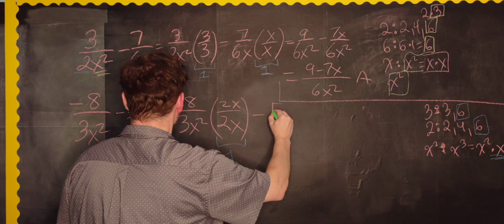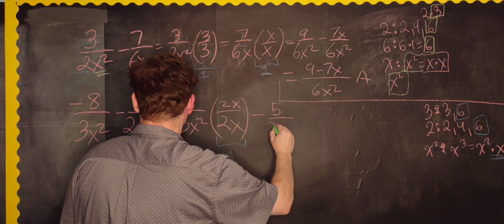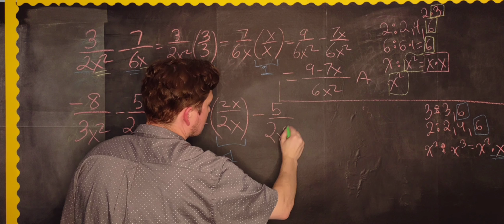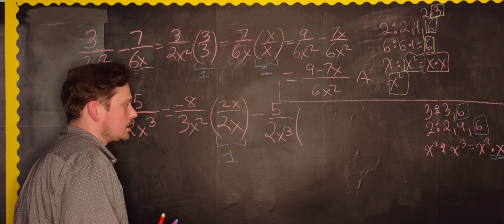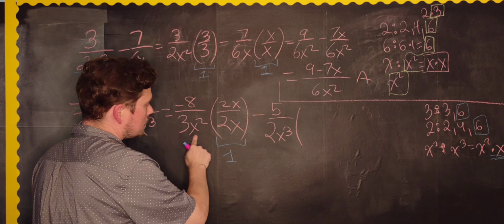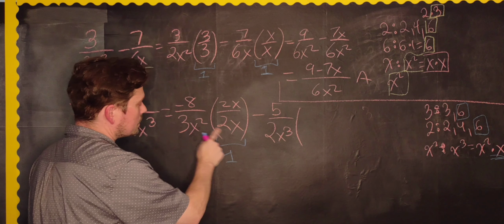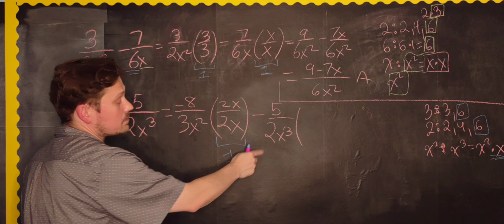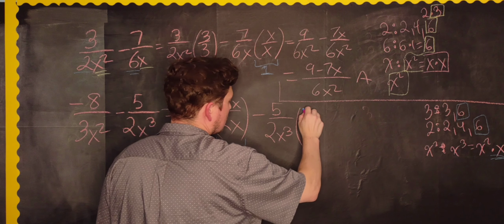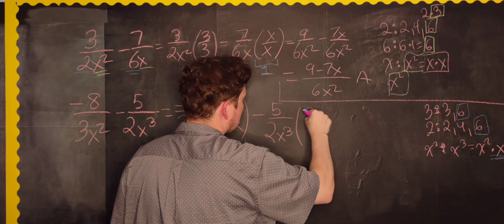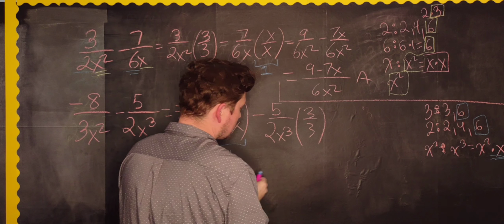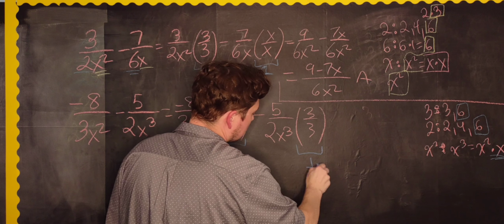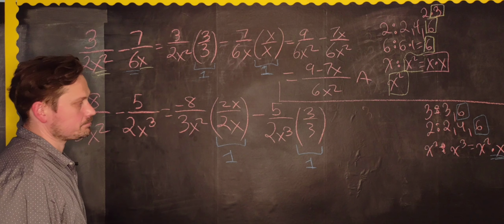And then minus 5 over 2x cubed. The x cubed here will match the x squared times the x. To make 2 into 6, you got to multiply by 3 over 3 this way. Okay, so this one is simpler. Again, the big idea is that this is a form of the number 1 right here.